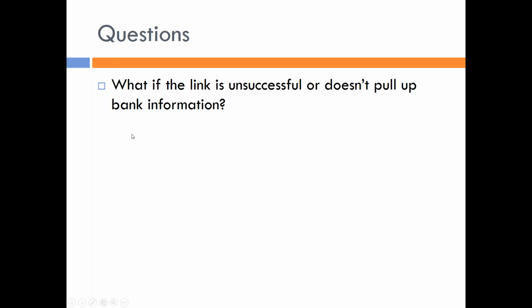Next question. What if the link is unsuccessful? Maybe when the person tries to log in, it says it's the wrong login. Or maybe it was the right login, but it just never got finished and didn't pull up the bank information. So there's a couple of things to do in this case.